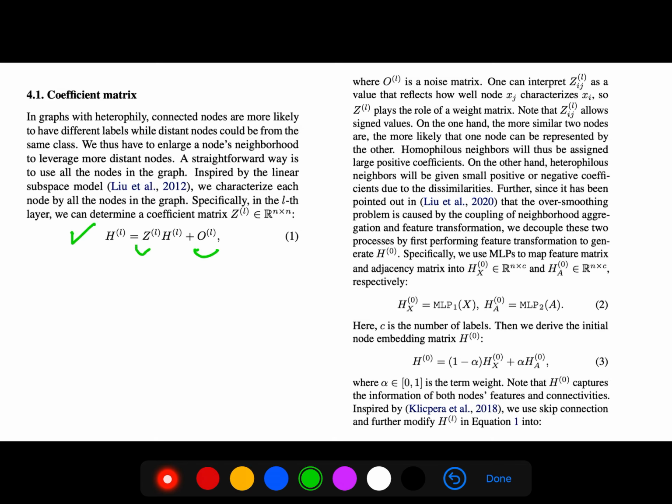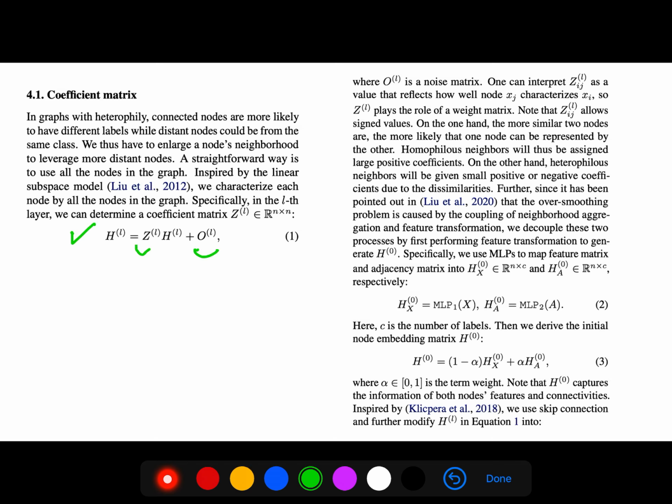It has been pointed out in this reference that the oversmoothing problem is caused by the coupling of neighborhood aggregation and feature transformation, so we decouple these two processes. First, we use MLPs to map the feature matrix and adjacency matrix.